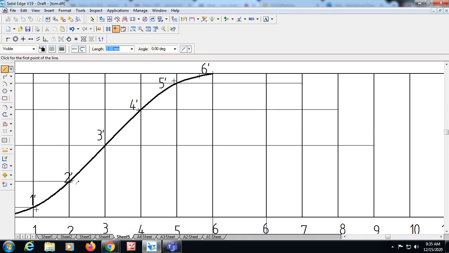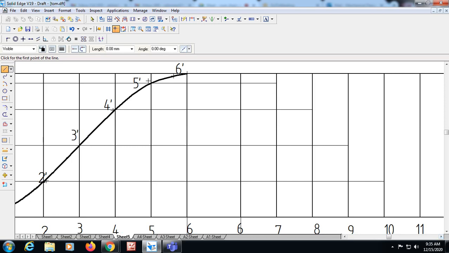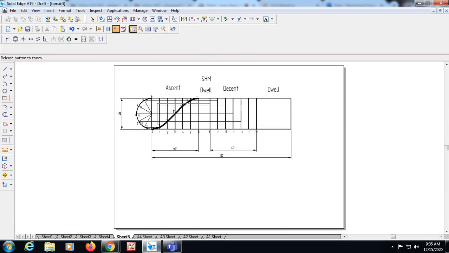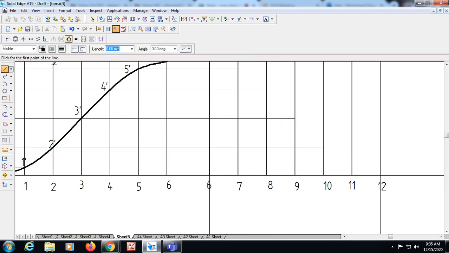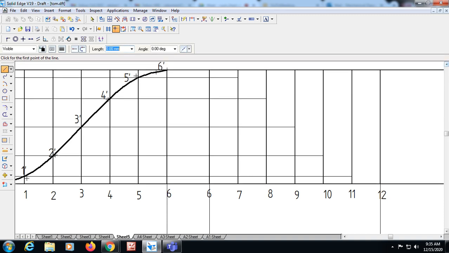Then the same way this will be up to 10, and the same way from here up to 11. Then join the intersection points.